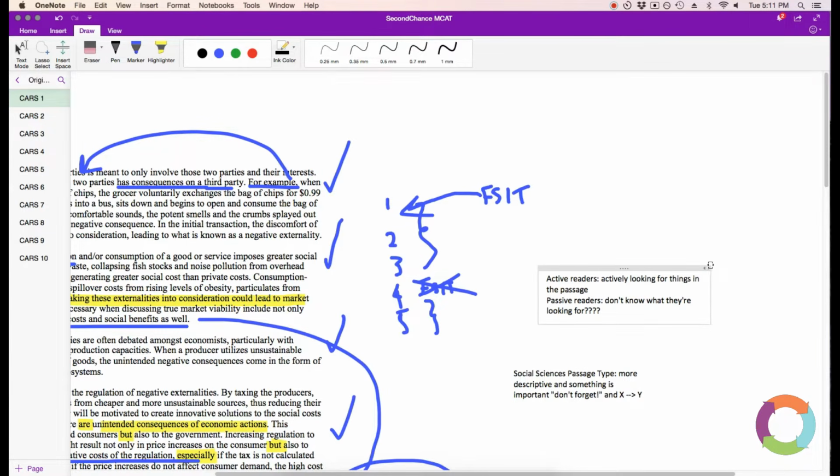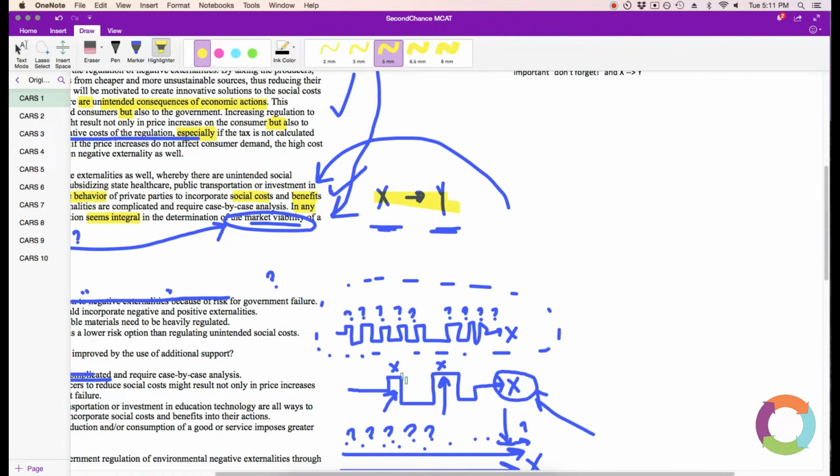Do you want to be an active reader or a passive reader? Right? You want to be an active reader. And so you want to be actively looking for things in the passage. It's more efficient, and again, less anxiety, and you know exactly what details are relevant to construct the argument that the author has presented to you as it relates to the overall point of the passage.